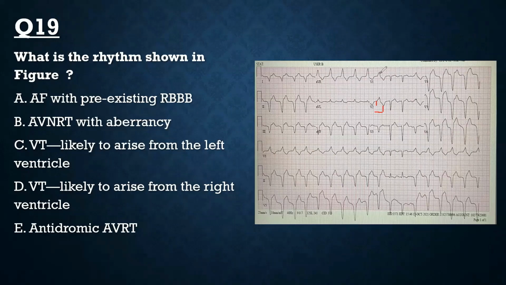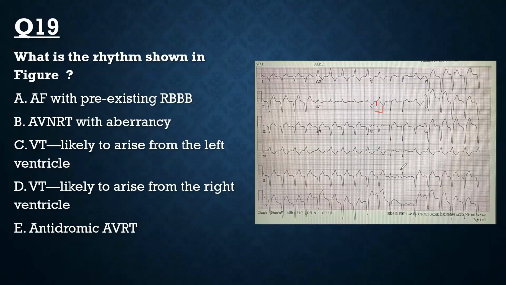If you look at V1, V2, and V3, they are negative, so there is no concordance, neither positive nor negative. So step number 1 is out.